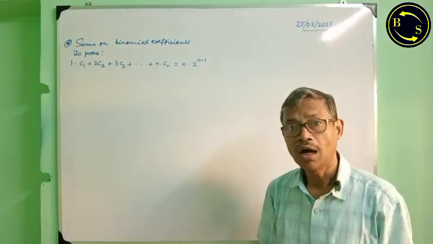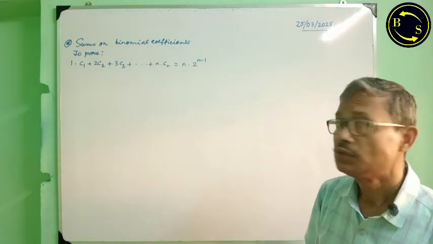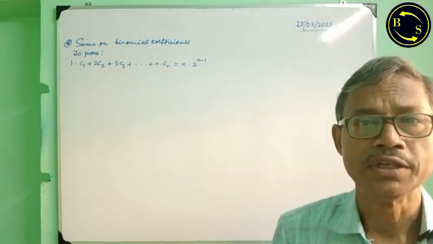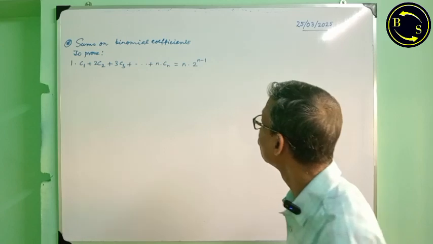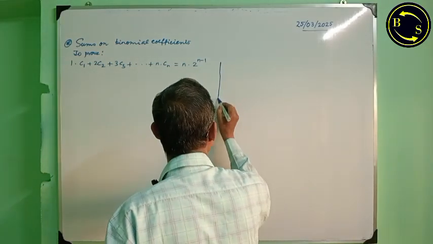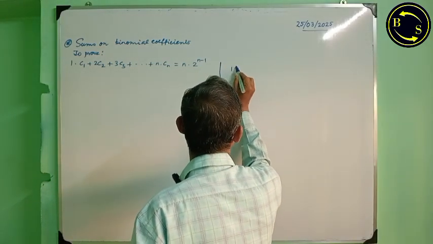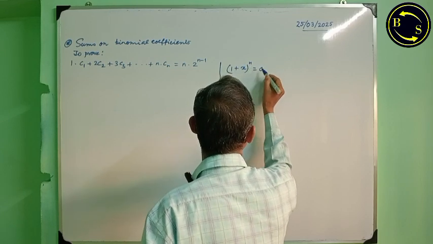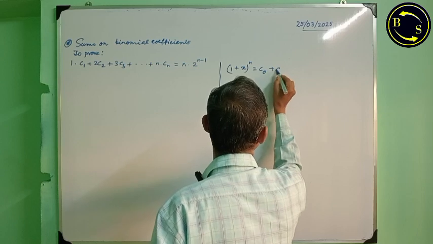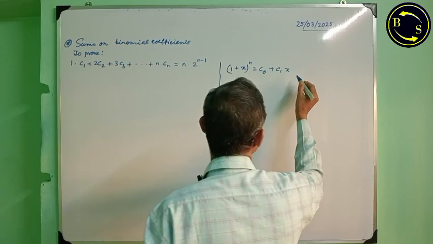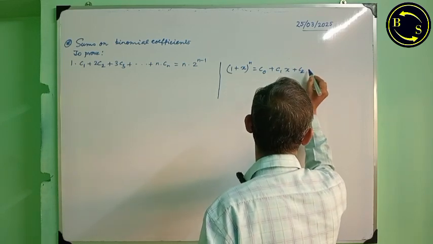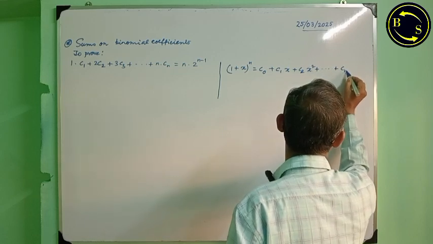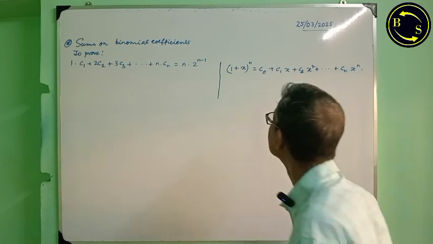Then how to solve this? Here I shall apply the concept of derivative. First I write that (1 plus x) whole to the power n is equal to C0 plus C1x plus C2x square plus dot dot dot Cn x to the power n.